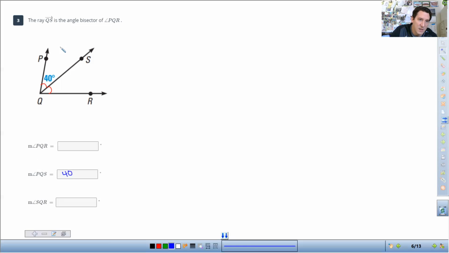That means this one down here, SQR, also is 40 degrees. And then both angles together, PQR, would then have to be 80 degrees. Put those together.